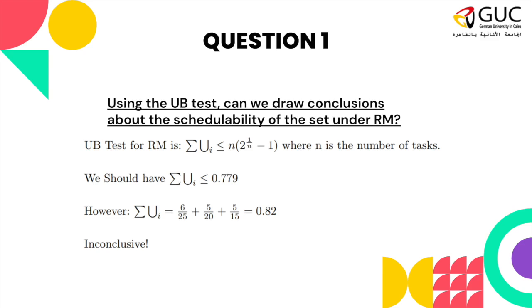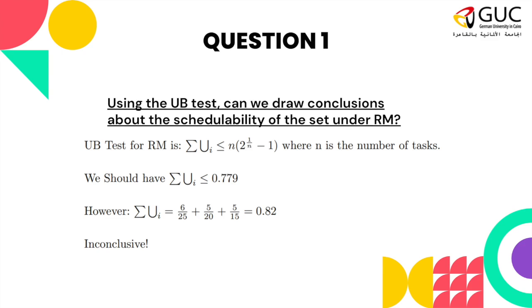So if we calculate 3 multiplied by 2 to the power of 1 divided by 3, minus 1, this will result in 0.779, and this we call the threshold. So I calculated the summation of the utilizations and I calculated the threshold. The summation of the utilizations must be less than or equal to the threshold.